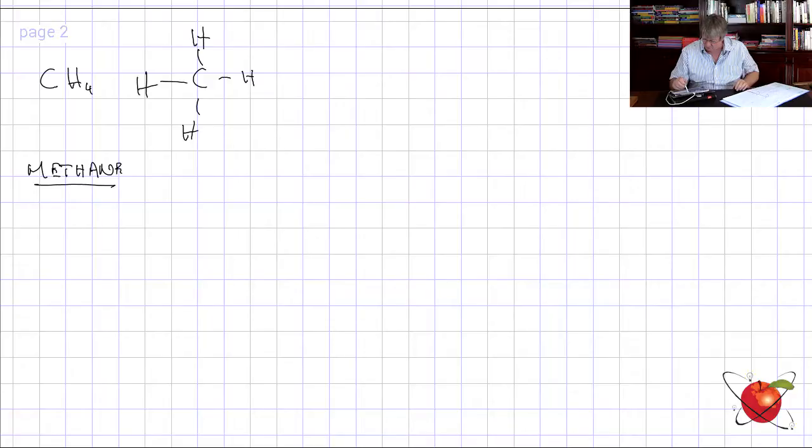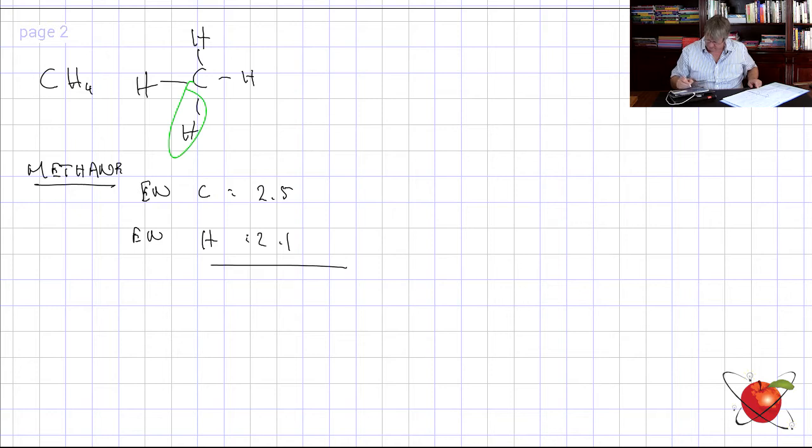So let's have a look. Now remember, we only do the one bond side. So we say carbon. The electronegativity of carbon is equal to 2.5. The electronegativity of hydrogen is 2.1.